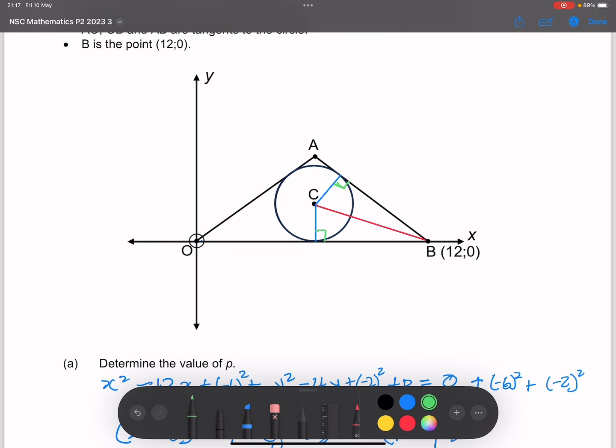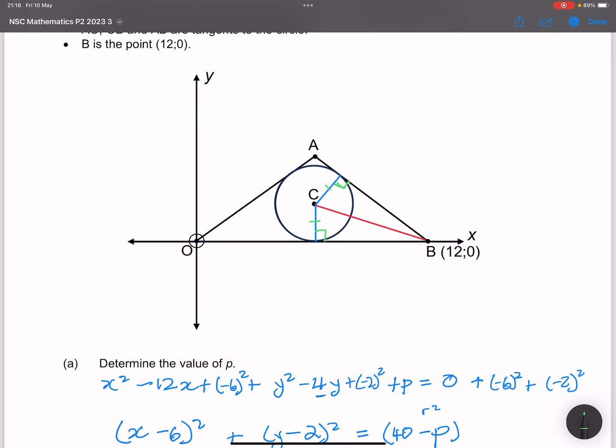The hypotenuse is common, which is CB, and they've got equal sides as well, which are those radii. So let's call this point Q, let's call this point P. Triangle CPB is similar to triangle CQB.